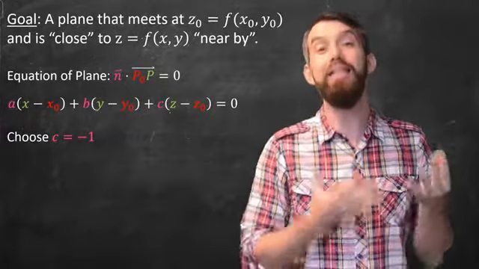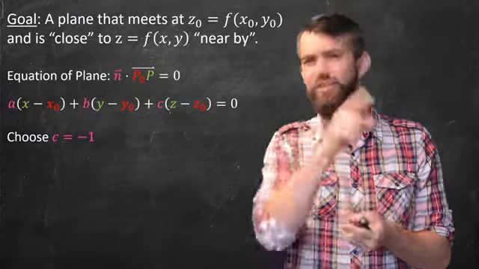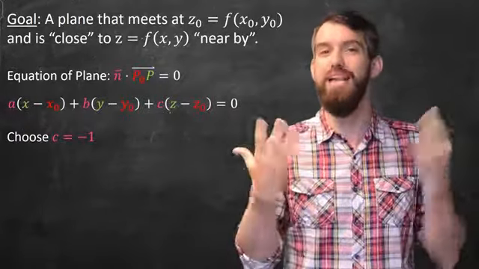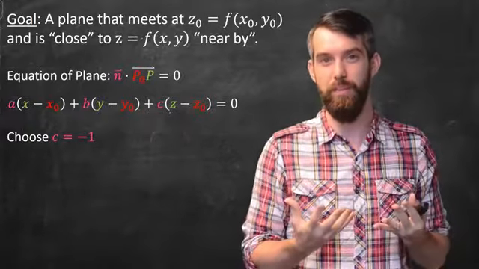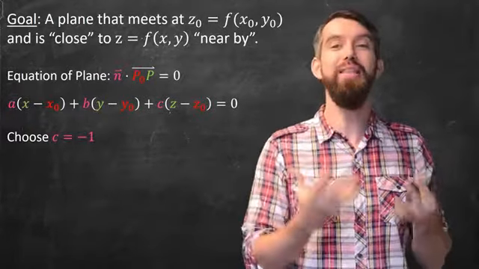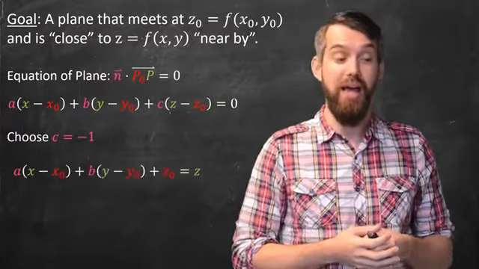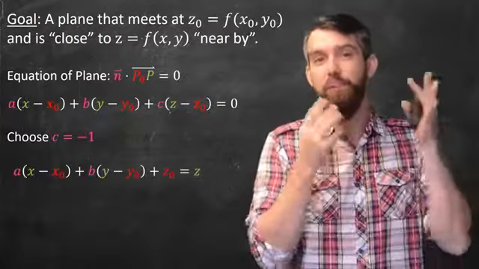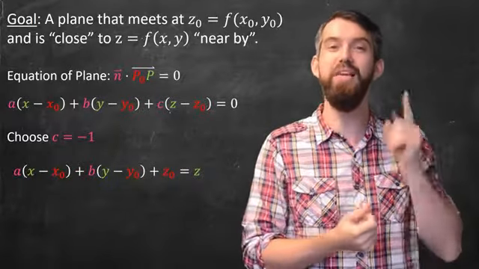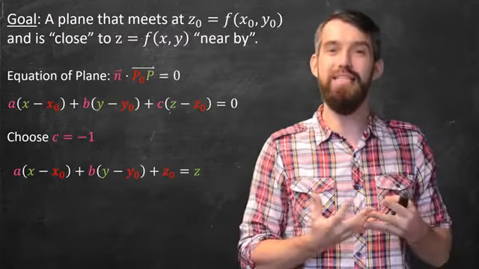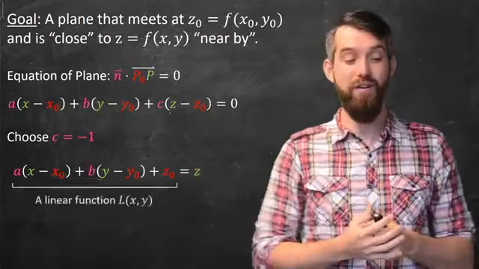This always works unless c is equal to 0, and I'm going to let you pause and think about why that is not relevant if I'm asking for a tangent plane to a differentiable function. Nevertheless, if I make this simplifying assumption that it's equal to minus 1, then I can clean up my formula a little bit. I get the same a times (x minus x0), and b times (y minus y0), but then I say plus z0 equals z.